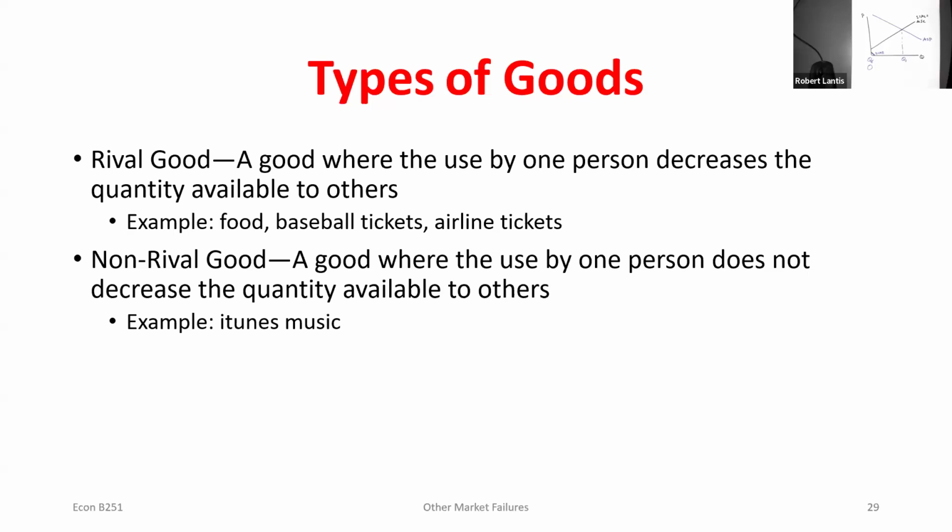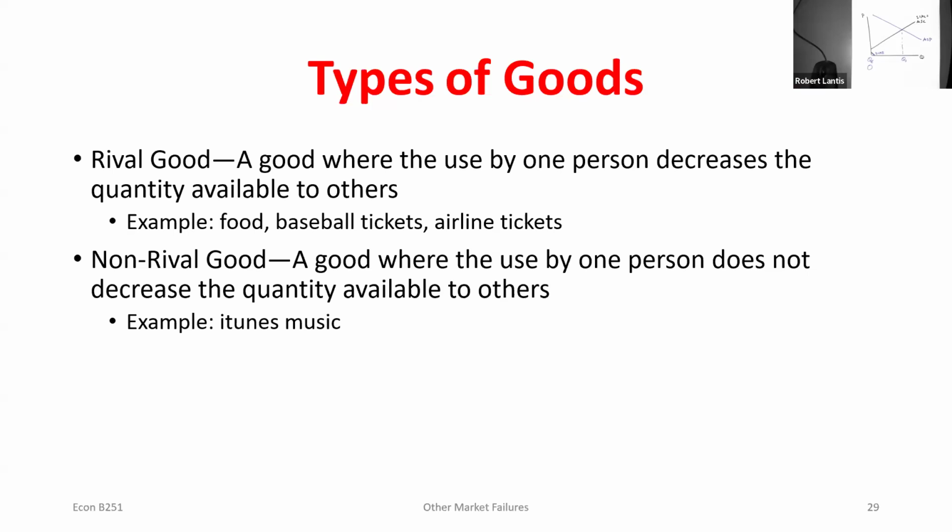I'm not preventing them from buying that exact same good. So non-rival would be when one person uses it, it doesn't prevent other people from using it, or it doesn't decrease the quantity that's available to other people. Me enjoying the benefit of national defense doesn't prevent other people from enjoying the benefit of national defense.